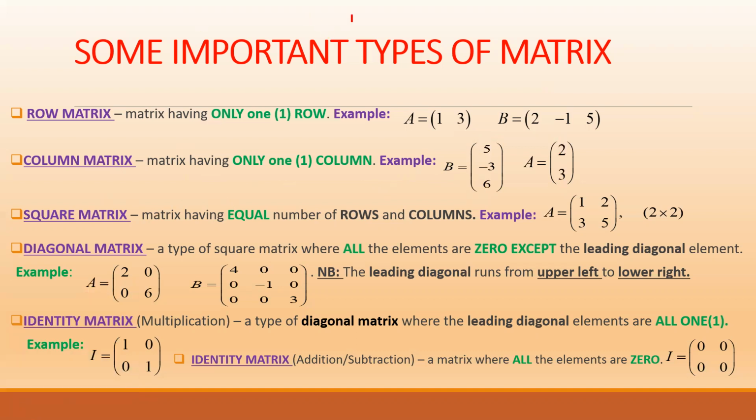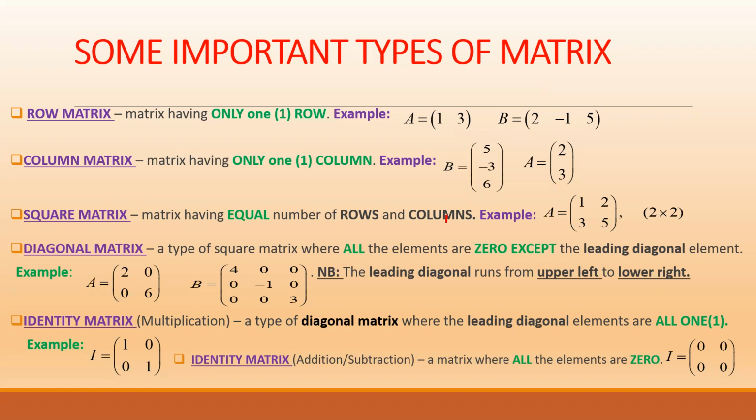So let us now look at our square matrix. A square matrix is a matrix having an equal number of rows and columns. So a matrix having 2 rows and 2 columns would be a square matrix.